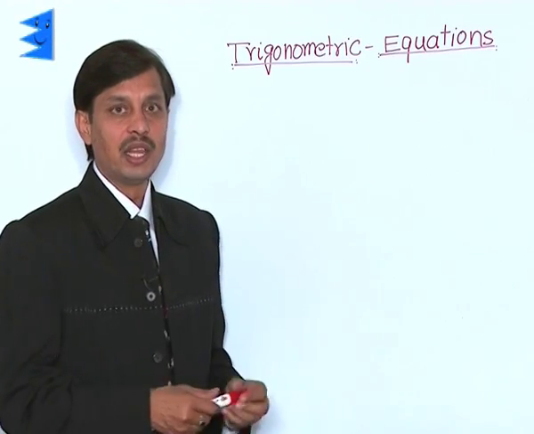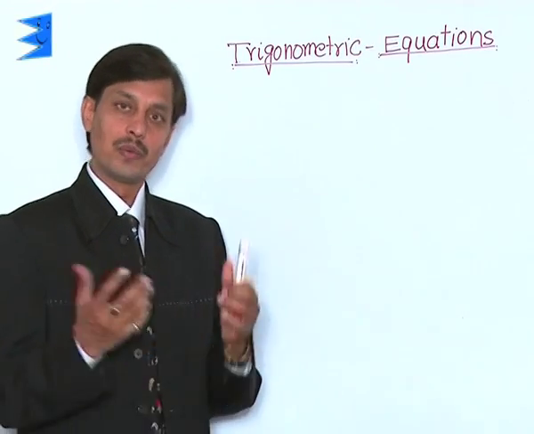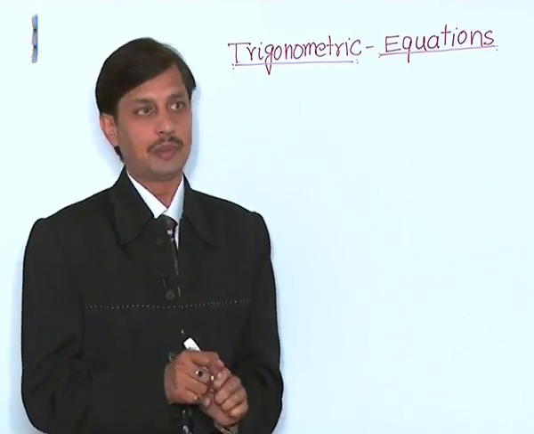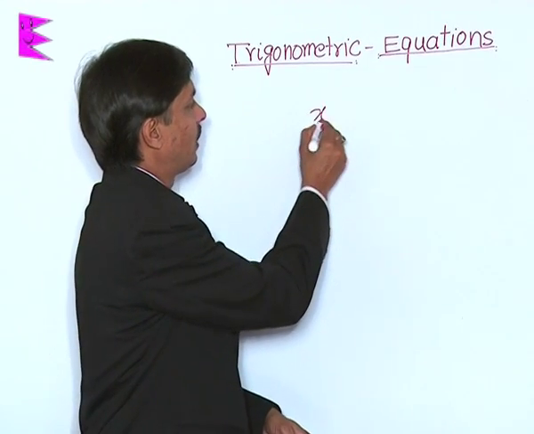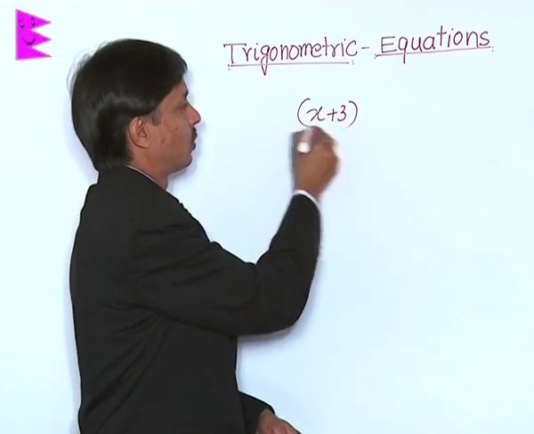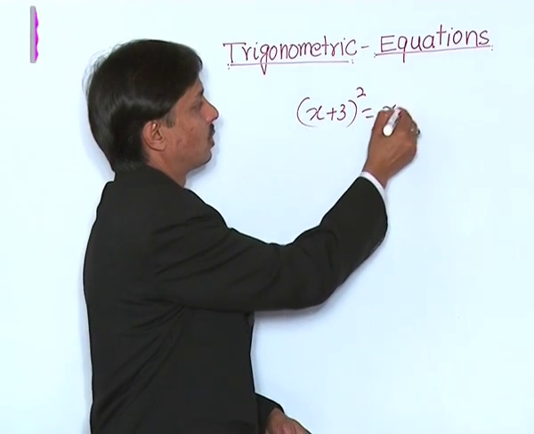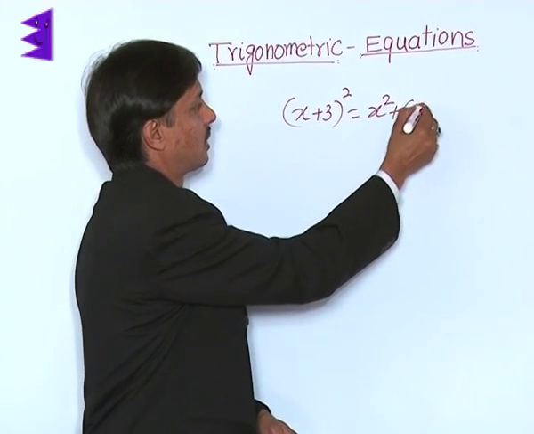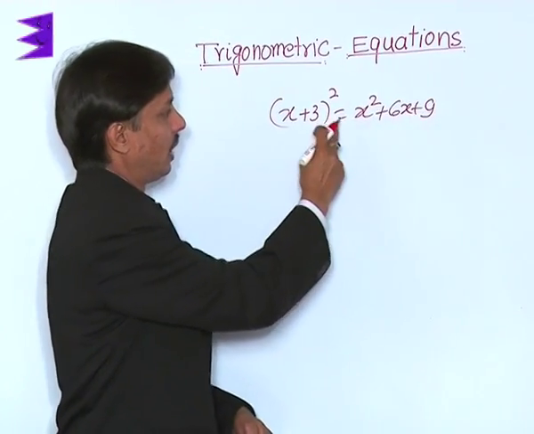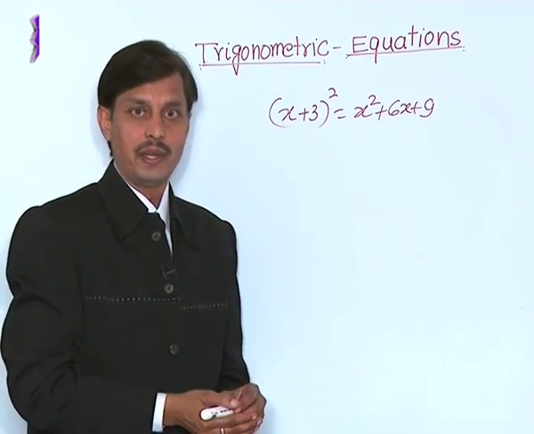If I give you an idea of the equation and identity, first I am starting with the algebraic. If I write (x plus 3) whole squared is equal to x squared plus 6x plus 9, it is an identity.